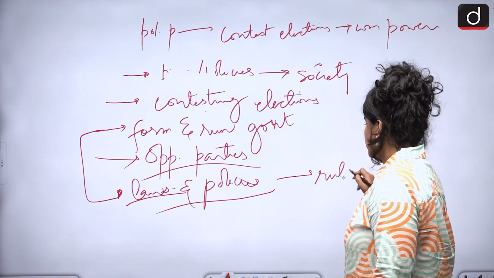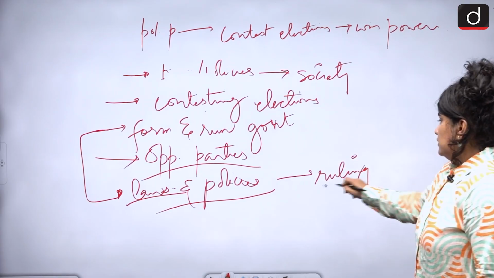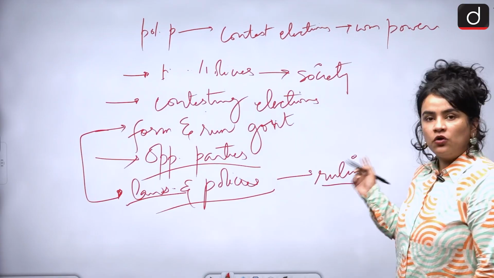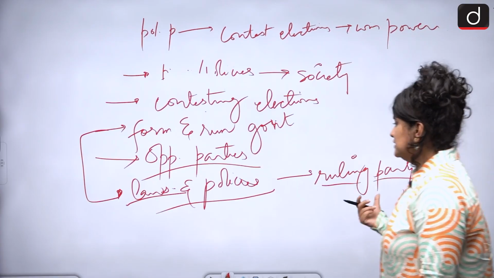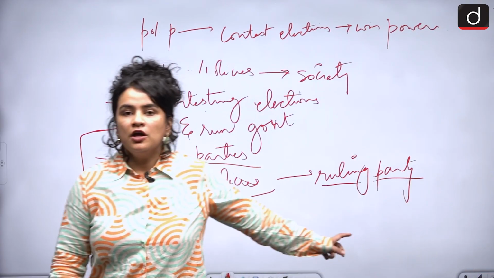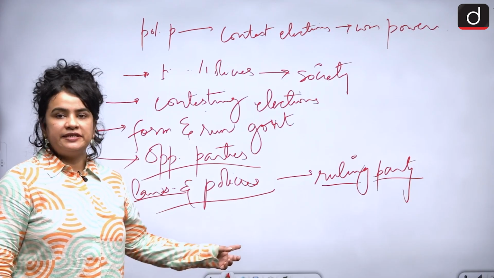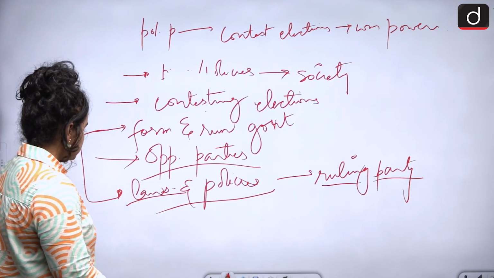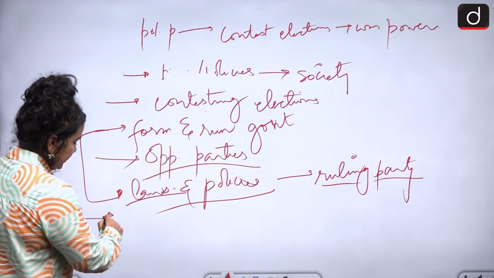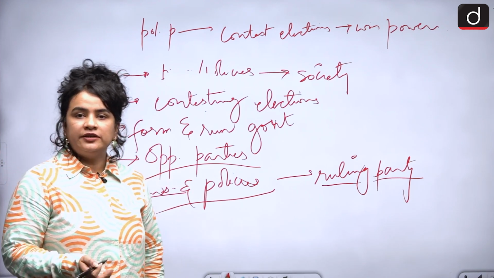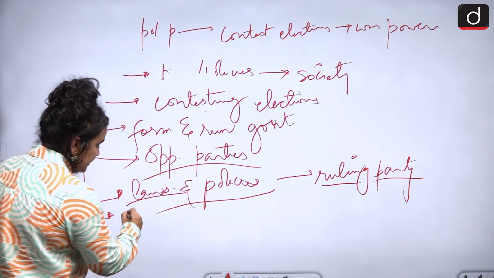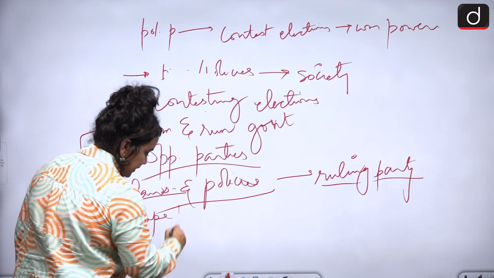So the party that forms the government, which is called the ruling party, is the determining factor of the laws and policies that are discussed, debated and framed in the parliament. What they also do, whether as opposition parties or otherwise, they also help mobilize and shape public opinion.